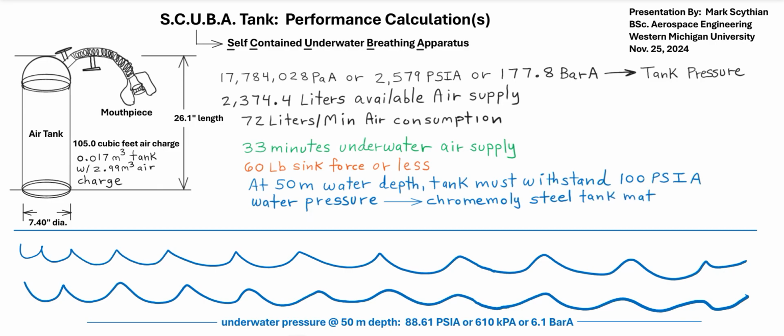So we have a pretty good sink ballast metric here, and average tank weight is about 27 pounds empty without air charge. So at 50 meters water depth, the tank also must withstand 100 psi absolute water pressure. So that tank could most likely be constructed from chrome moly steel material.